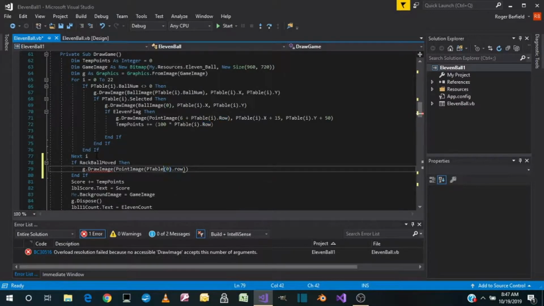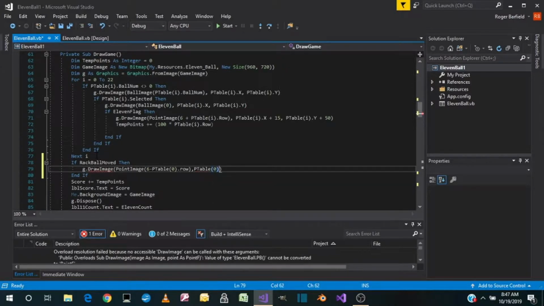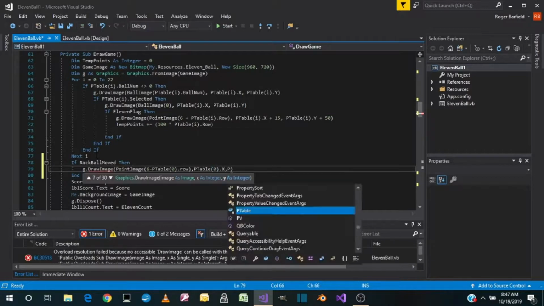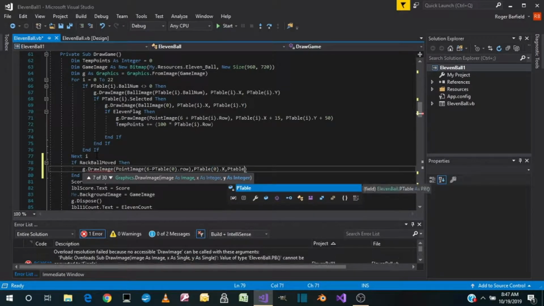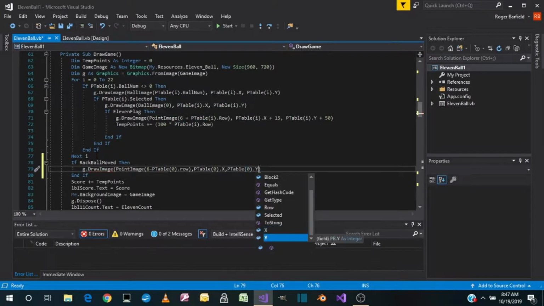Actually, we need to do the negative, so it's 6 minus this number. And our location is P table 0 dot X, P table 0 dot Y. Now, if you remember when we drew the positive numbers, they were too high, so let's move the Y down by 50, put it halfway.